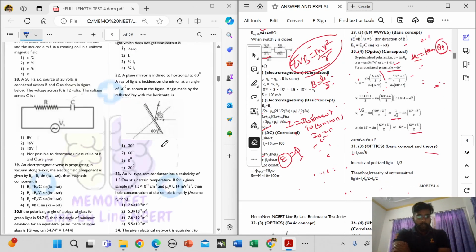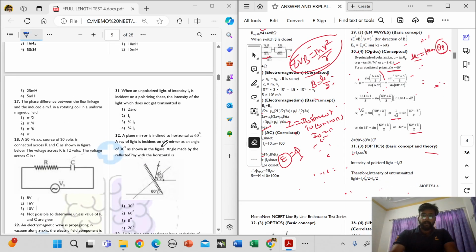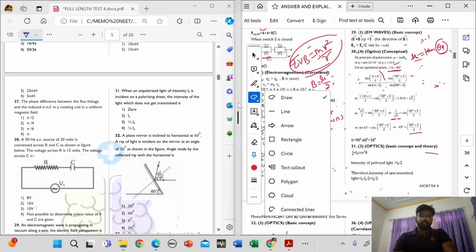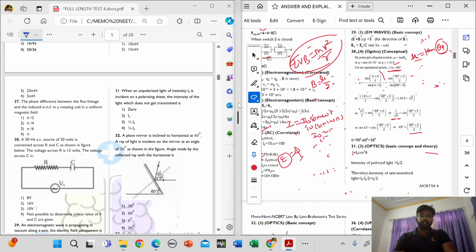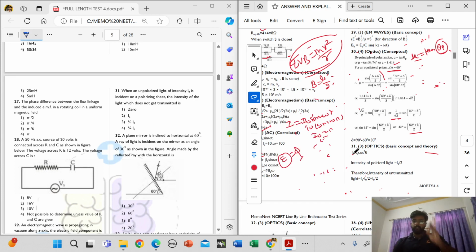Now question number 31. When unpolarized light of intensity I naught is incident on a polarizer, we need the intensity of light which is not transmitted. See, from Malus law, I is equal to I naught cos squared theta.